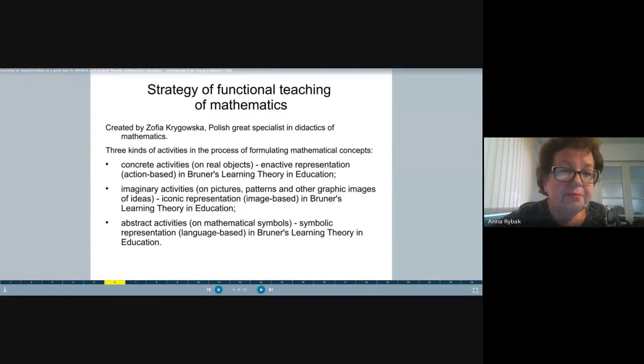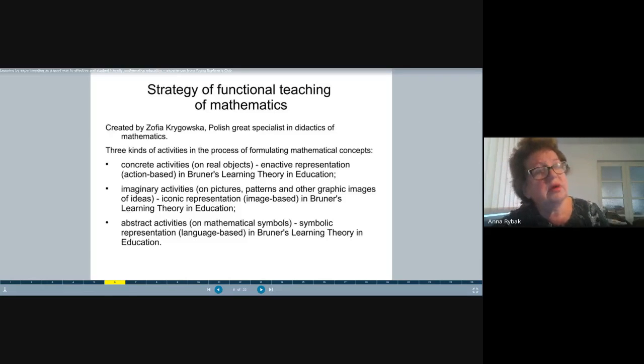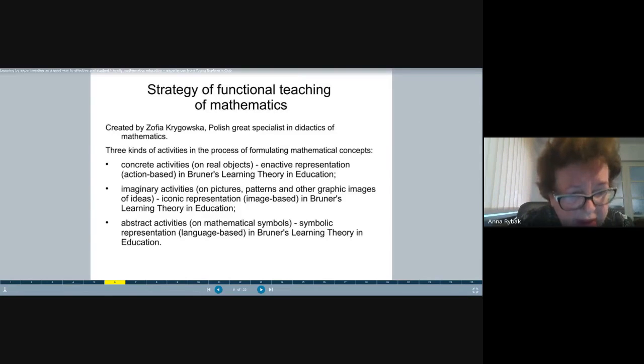So according to this strategy, we should start from concrete activities, then go to imaginary activities, and at the end go to abstract activities.